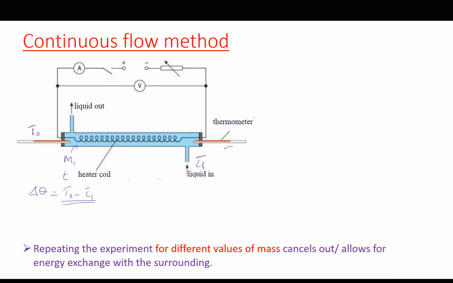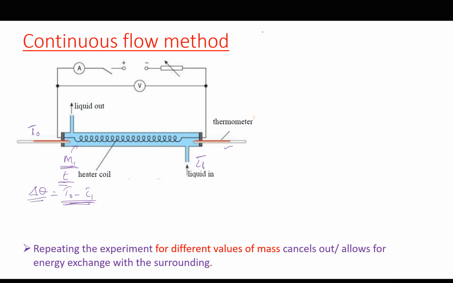If this is to be constant in the same time, then the amount of mass or the amount of water running over the heater in this time cannot be the same as before if the difference in temperature is to remain the same. That means when we adjust the flow rate and the electrical power, then we can easily maintain the change in temperature.